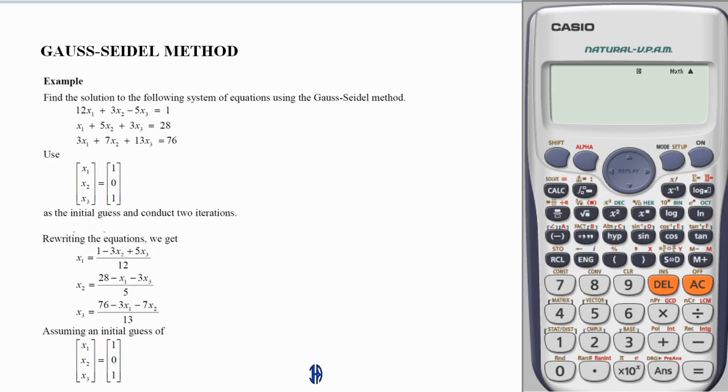Then 3x sub 1 plus 7x sub 2 plus 13x sub 3 is equals to 76. Then may condition rito. Use the value of x1, x2, and x3 is equals to 1, 0, and 1 respectively as the initial guess and conduct two iterations.